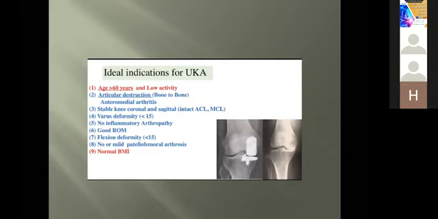If we are talking about the medial unicompartmental, varus deformity should be less than 15. Flexion deformity should be less than 15. No inflammatory arthritis, that's to say it's not for rheumatoid or systemic lupus patients. Good range of motion, no or mild patellofemoral arthrosis, and normal BMI.